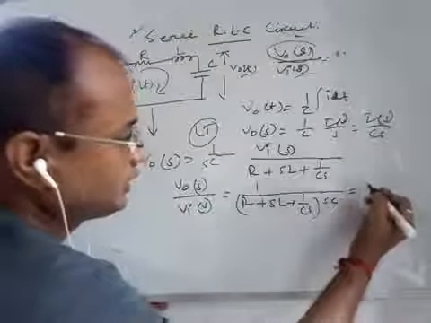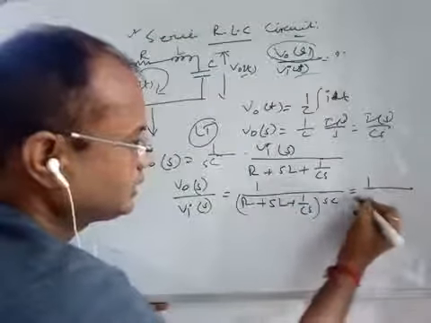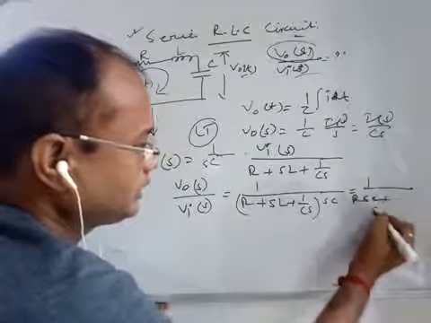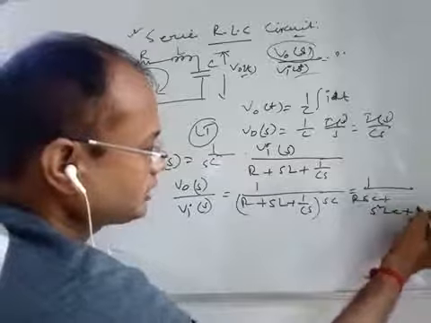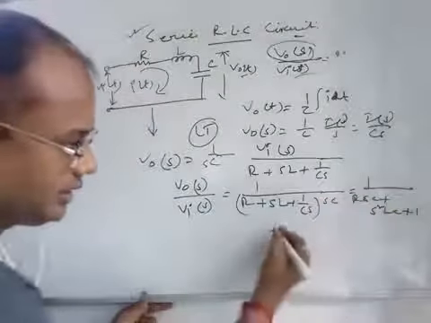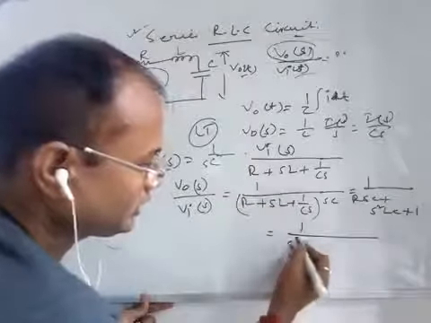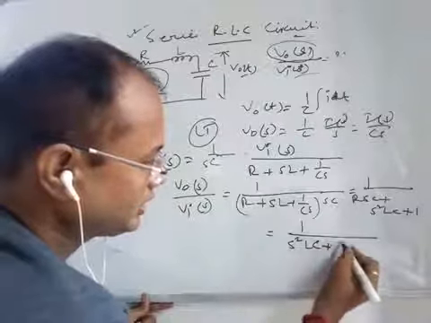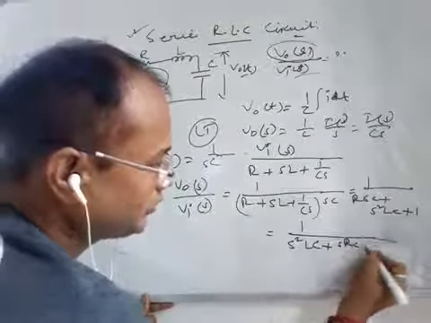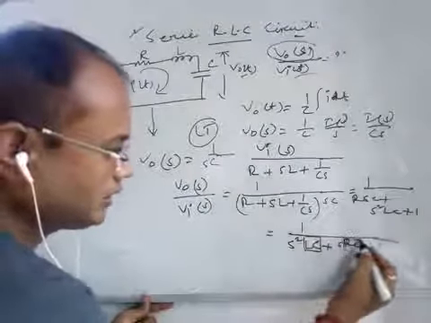So you get 1 by RsC plus s square LC plus 1. If you rearrange this in the form that the highest power is taken first, this is s square LC plus s into RC plus 1. You see this s into L in C, R into C.